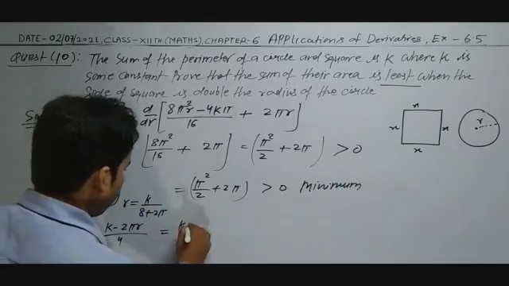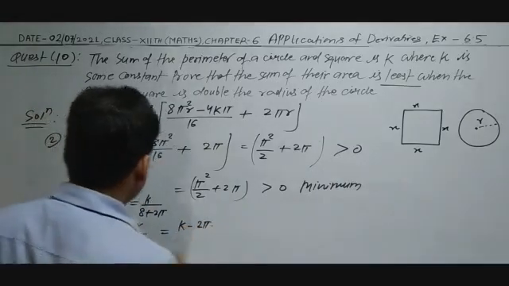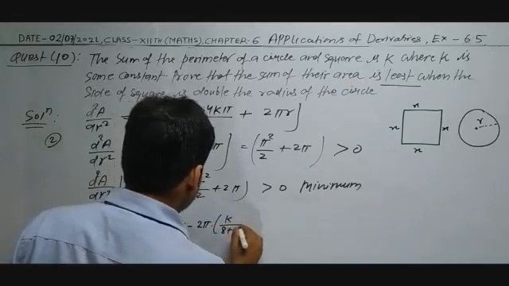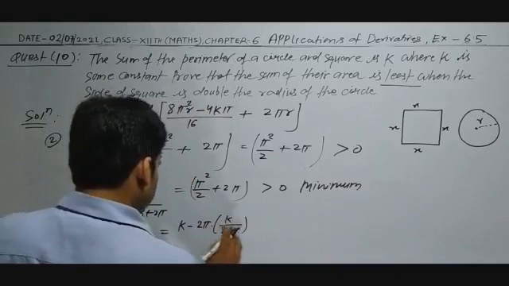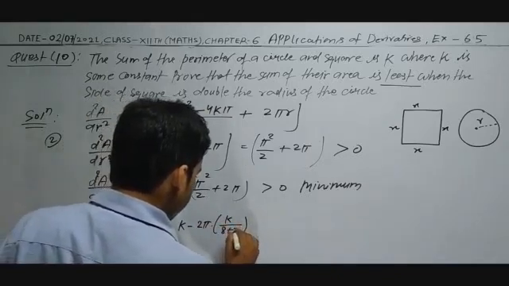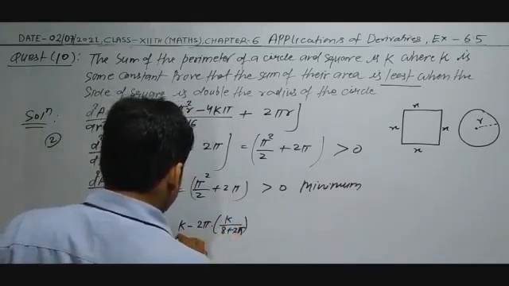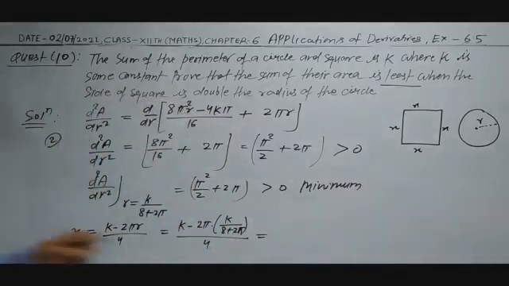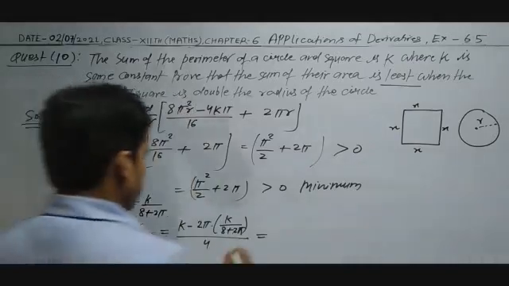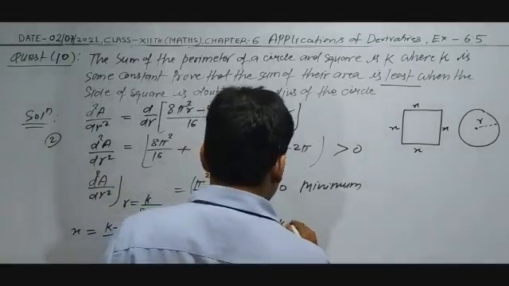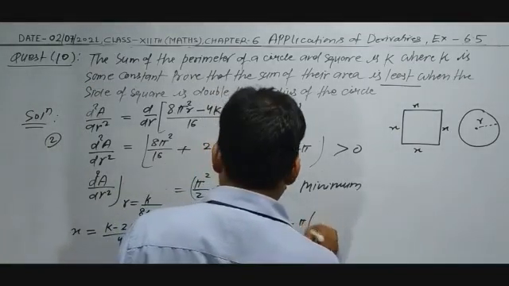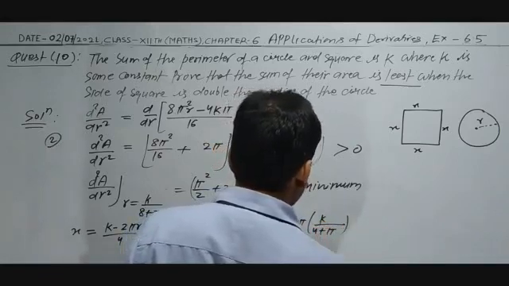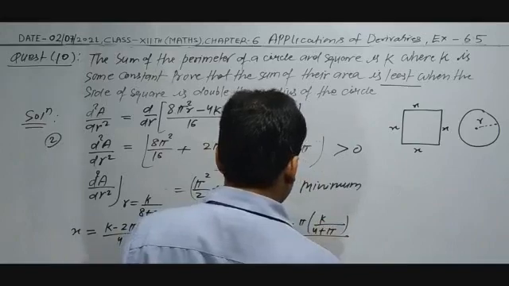So (k minus 2 pi into k upon 8 plus 2 pi) whole upon 4. Its result will be k minus pi in bracket k upon 4 plus pi whole upon 4.